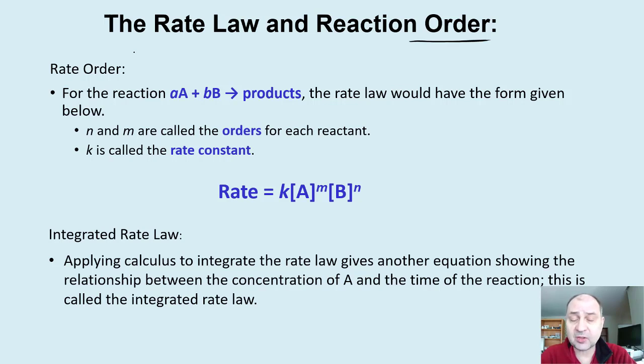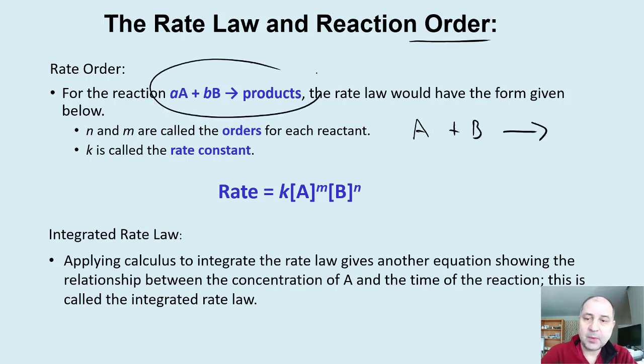So it's entirely possible that even though you have a high concentration of a reagent, let's say you have a reaction as shown here, A plus B going to products, and regardless of what the coefficients of A and B are, it's possible that no matter what the concentration of A is, it has zero effect on the rate.